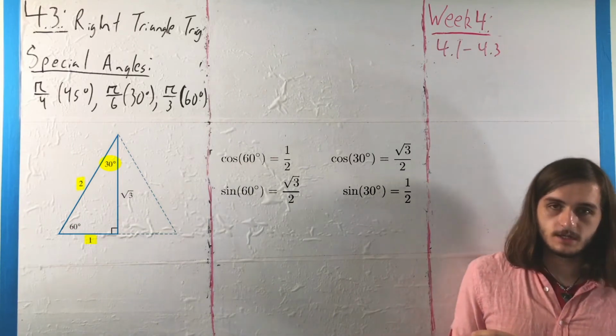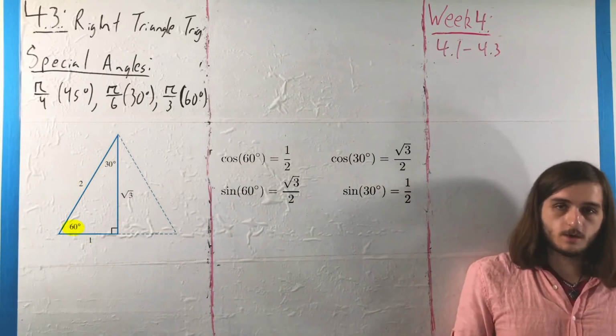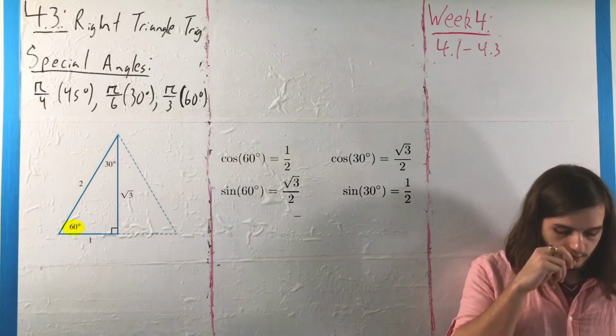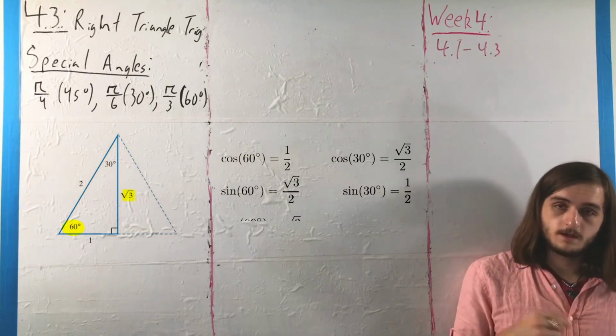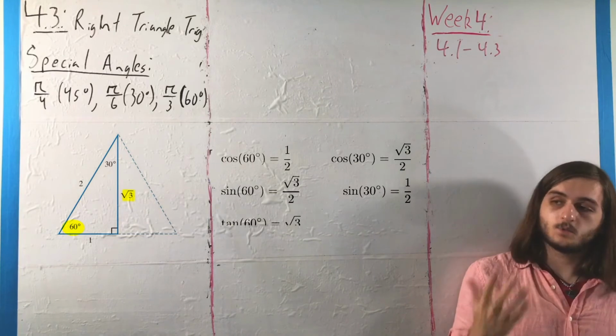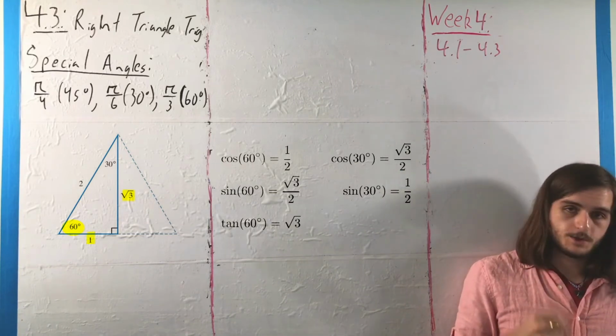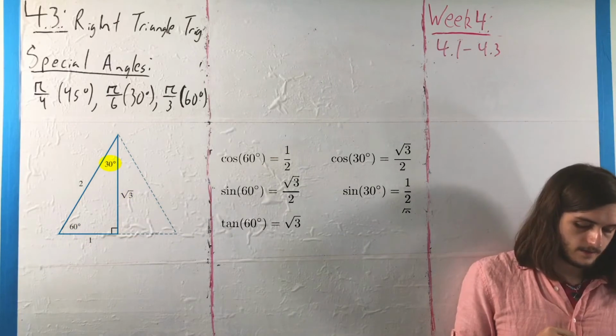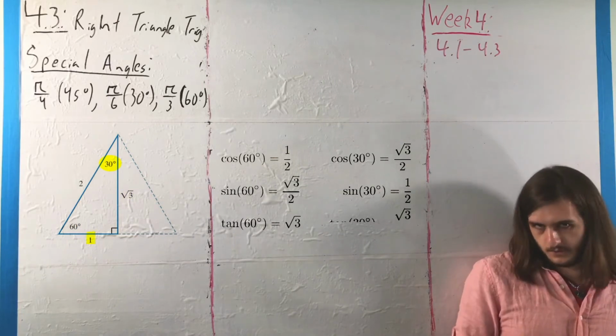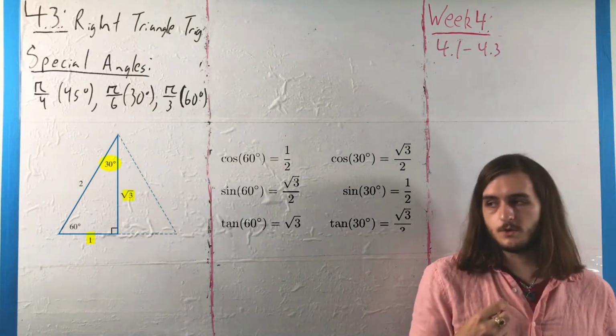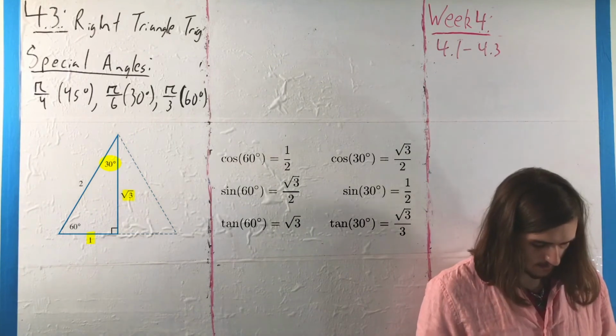And then for tangent, looking at 60, if we go opposite of 60, we will get root 3 divided by side adjacent 1 for a total value of root 3, while at 30 we have a 1 over root 3 that simplifies down to root 3 over 3.